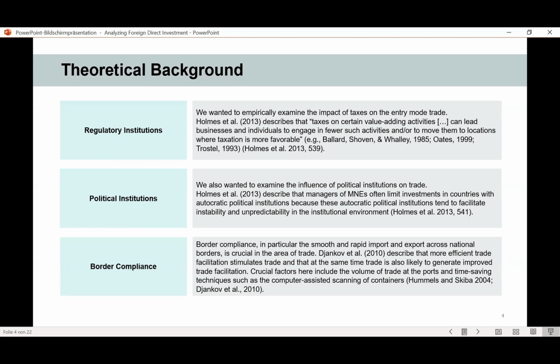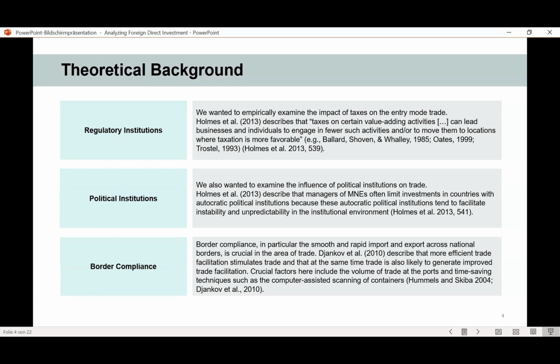We also wanted to examine the influence of political institutions on trade. Holmes et al. described that managers of MNEs often limit investments in countries with autocratic political institutions because these institutions tend to facilitate instability and unpredictability in the institutional environment.